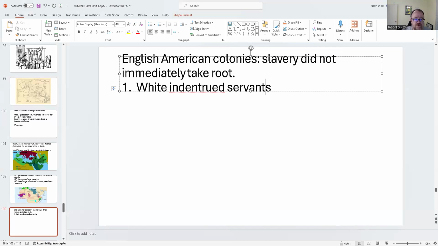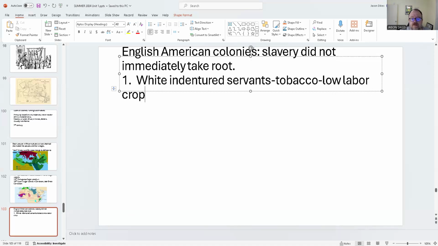There were enough indentured servants that slaves weren't needed, particularly in Virginia. Tobacco, I told you I was a terrible typist, tobacco is a low labor crop. You don't need a lot of labor for tobacco. And what labor was needed in Virginia came from the white indentured servants.